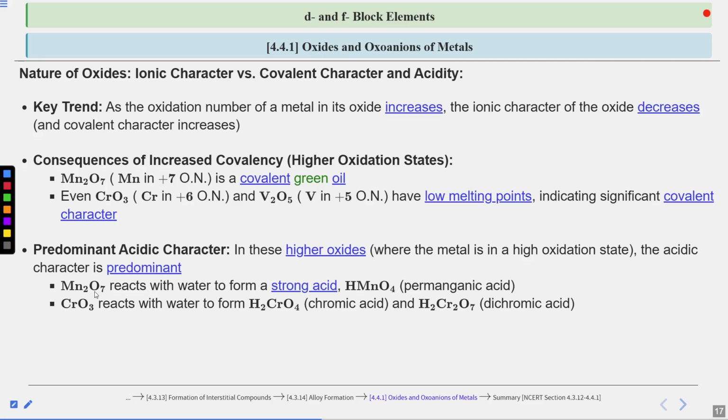CrO3, where Cr is in +6 oxidation state, reacts with water to form H2CrO4, known as chromic acid, and H2Cr2O7, known as dichromic acid. So in the higher oxides, where the metal is already in its highest oxidation state, acidic character is predominant. Those oxides, when reacting with water, form strong acids.